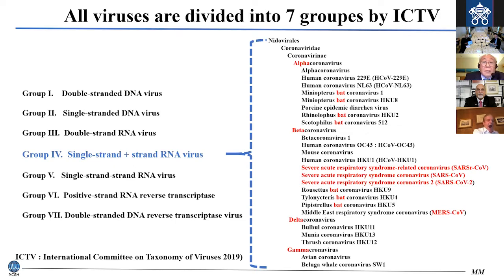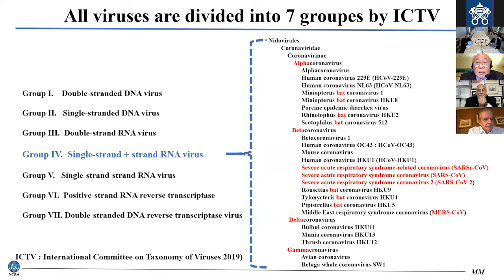The International Committee on Taxonomy of Viruses divides viruses into 7 groups. One of them, group 4, includes the single-strand plus-strand RNA viruses. The coronavirus belongs to the order Nidovirales and the family Coronaviridae, and is included in group 4.